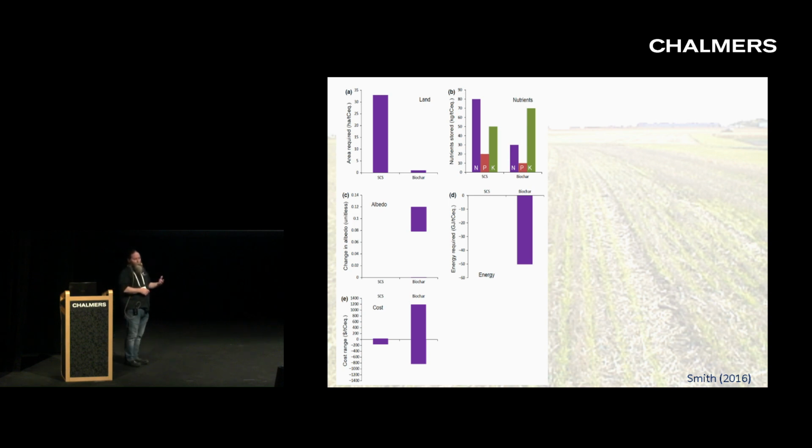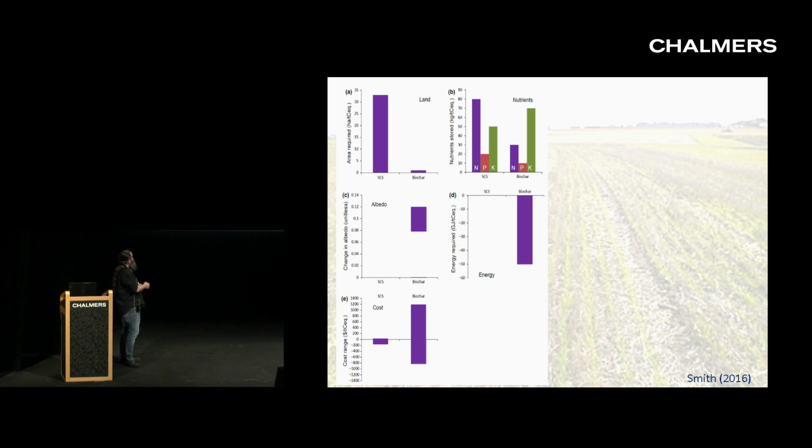So just looking at when you remove a ton of carbon, what's the impact on nutrients, water, land, etc. From the land perspective, for soil carbon sequestration, to get per ton of carbon removed, you maybe need something like 20 to 30 hectares. With biochar, it's smaller because you can put on larger amounts and it sticks around for longer.